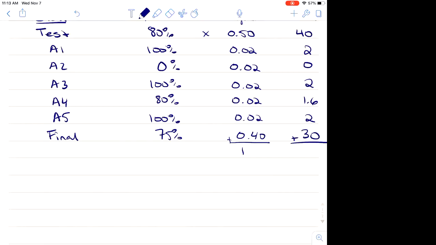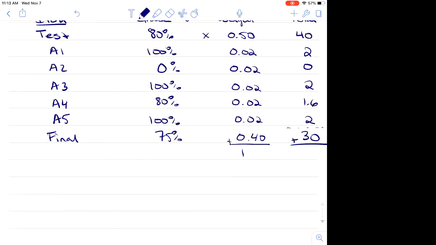30. Right? Usually we don't know this total, right? But if you add up all these guys, 40 plus 2 plus 2 plus 1.6 plus 2, and divide it out of 60, that's your grade before the final.